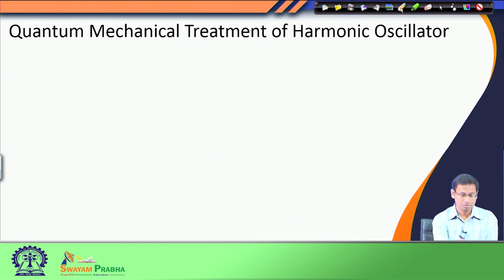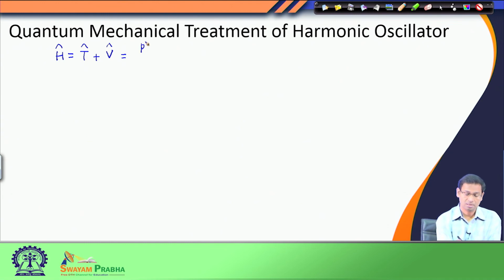So, we would write down the Hamiltonian of the quantum mechanical harmonic oscillator. The Hamiltonian, which is the operator for the energy, has two components. One is the kinetic energy, the other is the potential energy. The kinetic energy operator here is p square by 2m. This hat, if you remember, is a way to signify that this is an operator.